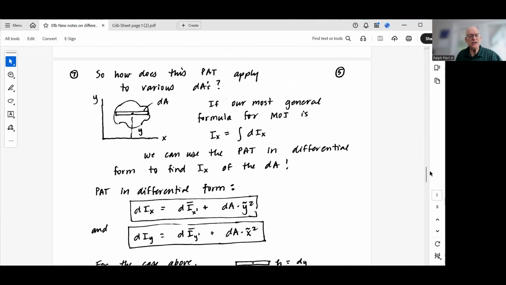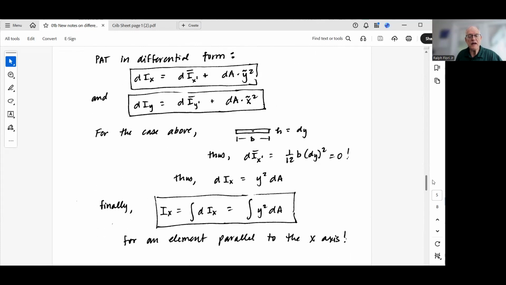Let's first apply this principle to an element that's parallel to the x-axis. If our element is parallel to the x-axis and we want to find Ix, dI bar about an axis parallel to the x-axis is 1/12 base times the height cubed. It's b h cubed.